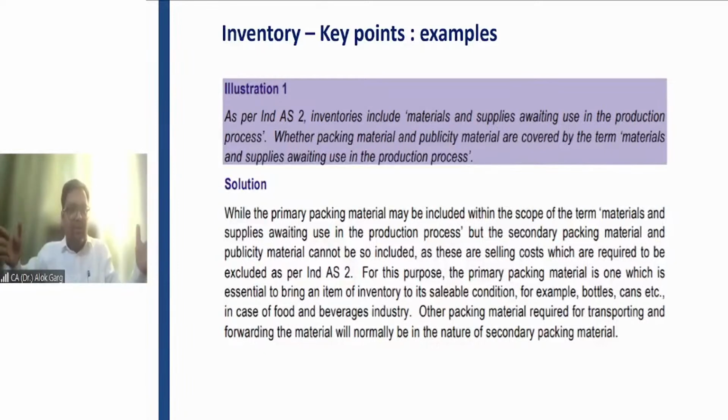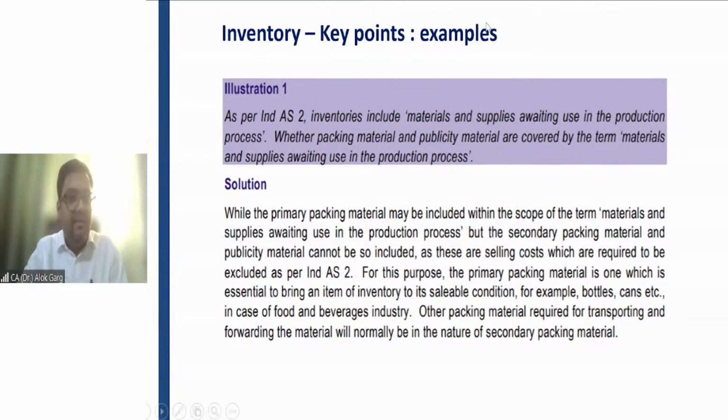There is a corrugated box in which this packaging of Maggie is stored. So in this case, this carton is considered a secondary packaging material, and that wrapper of Maggie is considered a primary packaging material. So primary packaging material is considered an inventory, right? But the secondary packaging material is not considered an inventory.